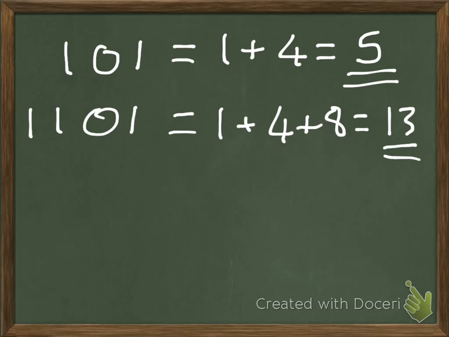So, by writing out numbers like this, we can convert any binary number, any base 2 number, into one of our more normal decimal numbers in base 10, just by thinking about what the columns are worth. So on the next page there are going to be 5 binary numbers, and I'd like you to convert them all into decimal numbers.